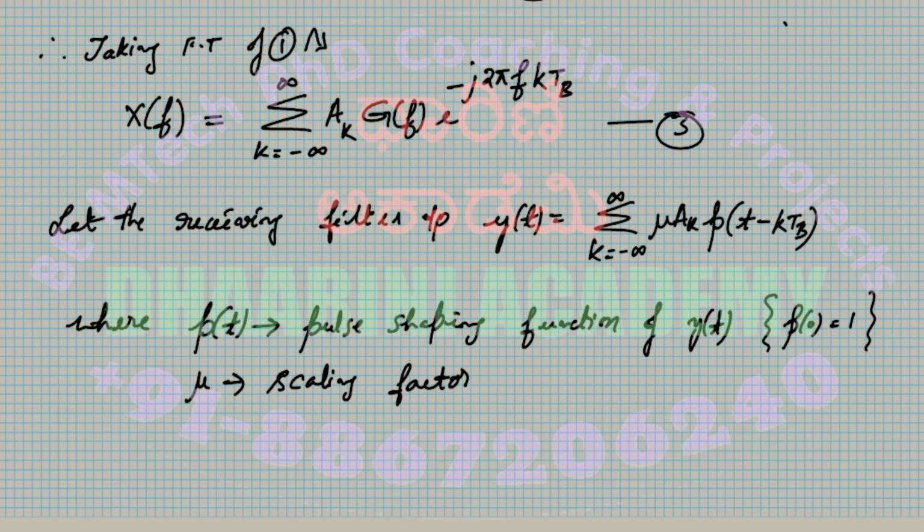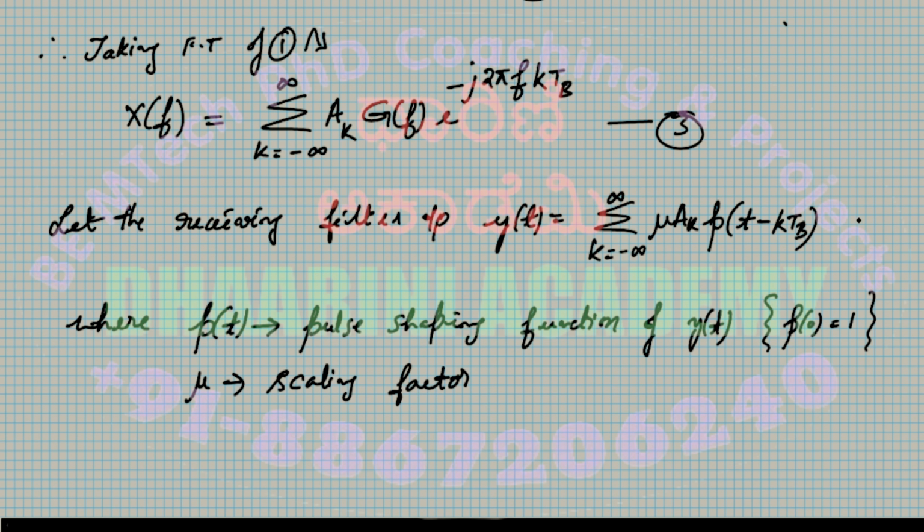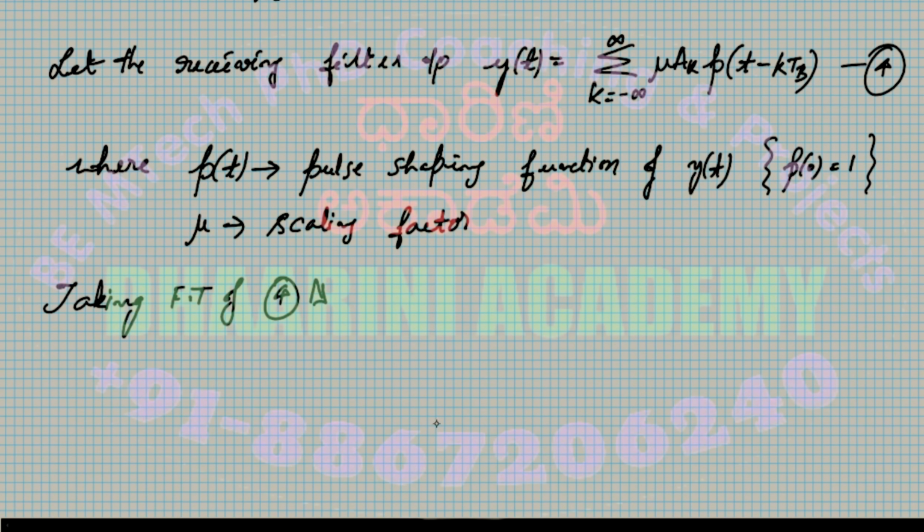Now let us try to look at the Fourier transform of this. I'll call this equation number 4, right? The y of t. So taking the Fourier transform of equation number 4, it is y of t in time domain. It should become y of f. Very similar analysis, right? There is a summation which remains as it is.